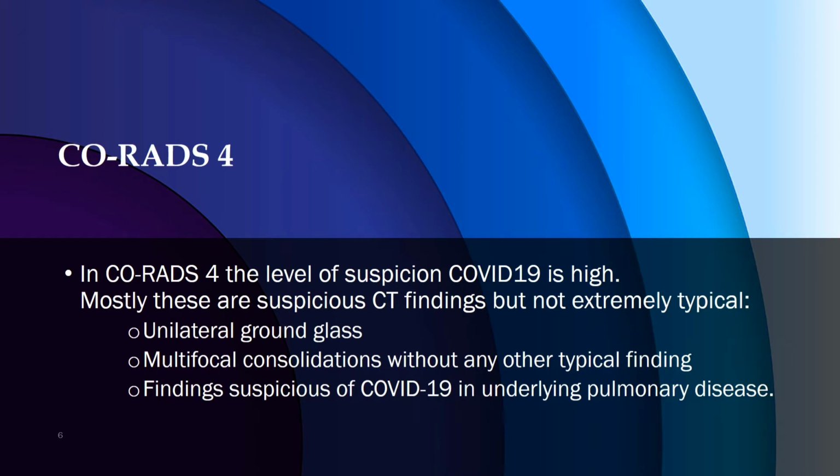These findings are typical of COVID, with some overlap with other viral pneumonias as well. Findings in this category are the same as in the category CORADS 5 but with an atypical distribution, specifically lack of contact with the visceral pleura, strictly unilateral, predominantly peribronchovascular, or when the findings are superimposed on a severe and diffuse pre-existing pulmonary changes.